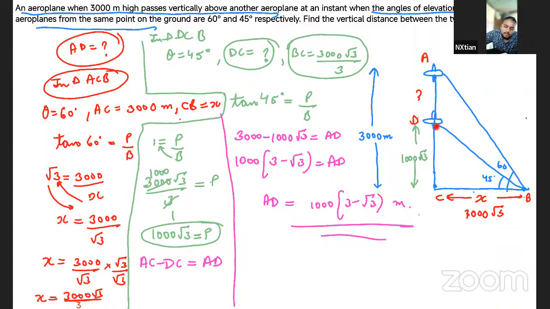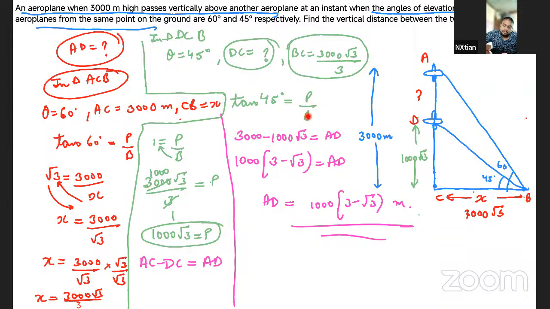Okay. Then I took this smaller triangle. Which triangle? DCB. What is theta? Theta is 45 degrees. What is DC? I have to find. And the BC base, which I found before, I will use here, which is 3000 root 3 upon 3. If I cut it down, it will come 1000 root 3. So that's why I wrote 1000 root 3. Understood?